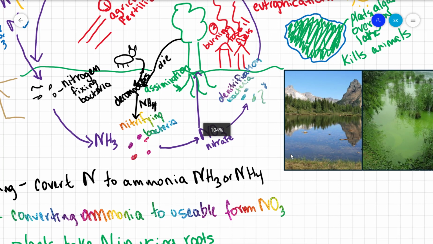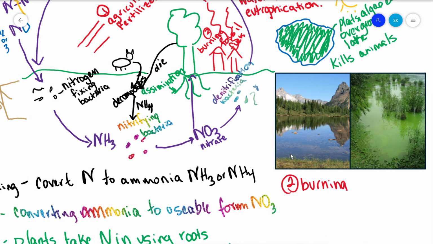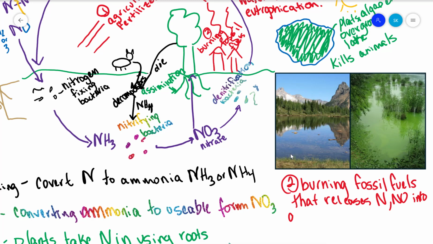So I got to go down just a little bit here. Number two is going to be burning fossil fuels, and that releases nitrogen into the atmosphere.